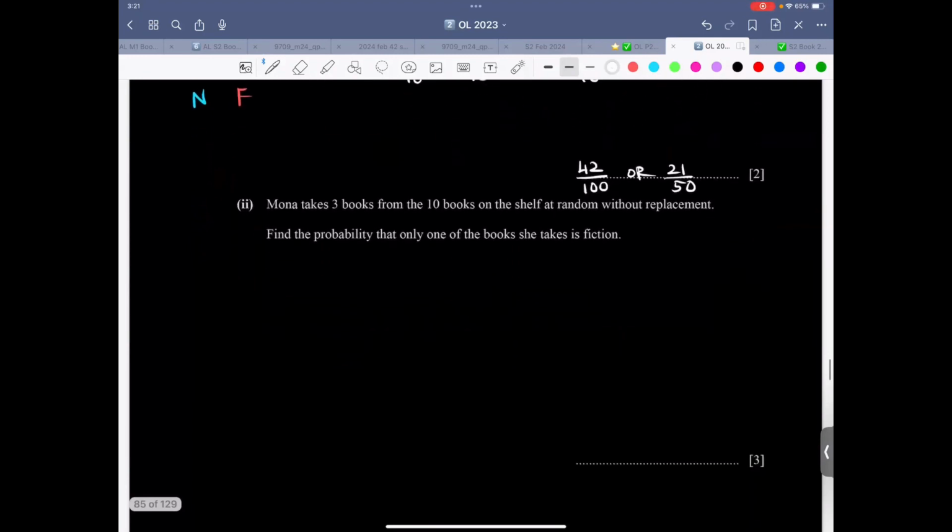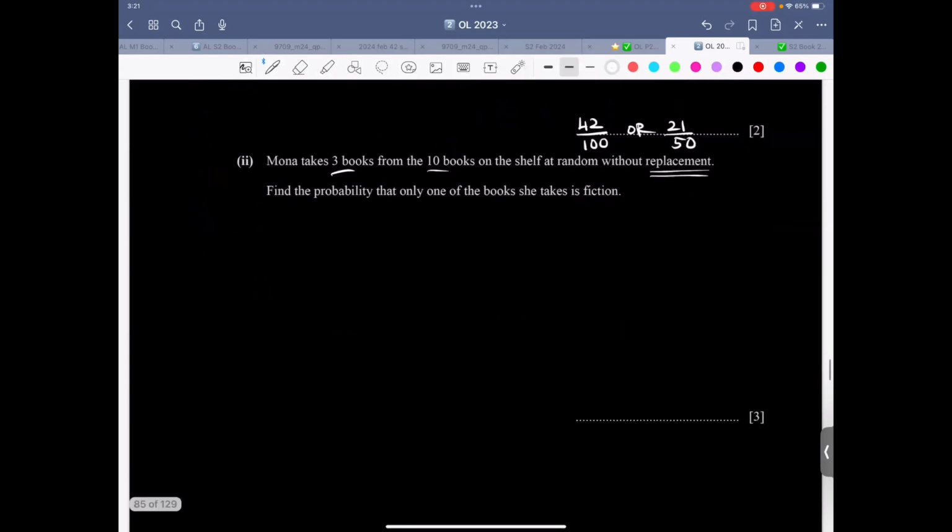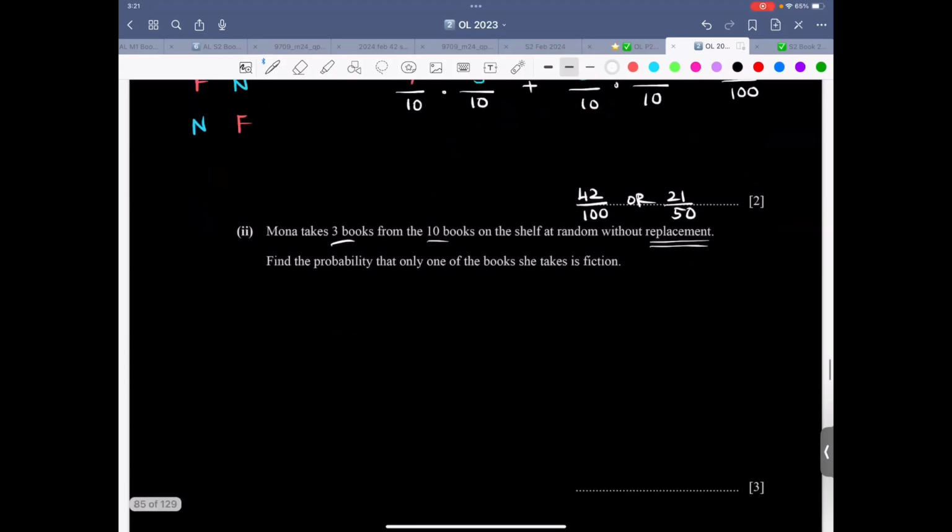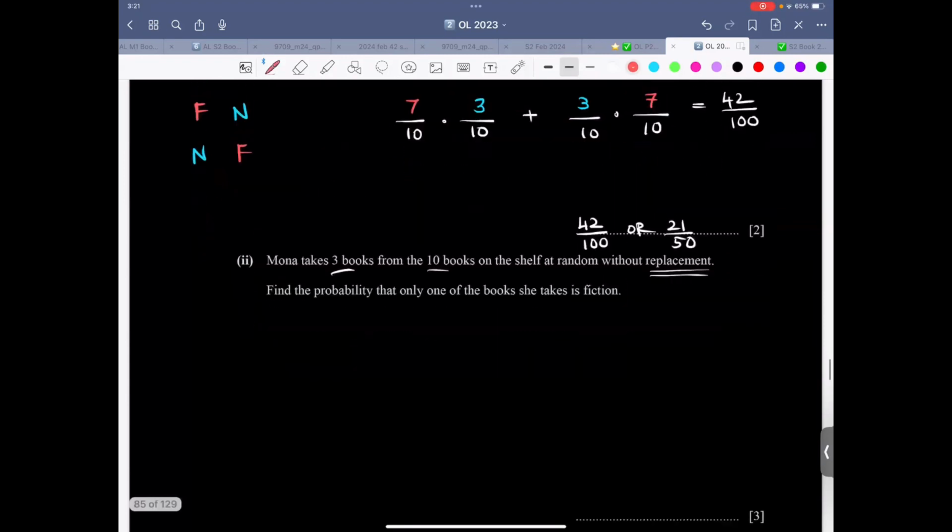And then this person, Mona, takes 3 of the 10 books from the shelf at random without replacement. Find the probability that only one of the books she takes is fiction. So one of them is fiction, the other 2 are non-fiction.